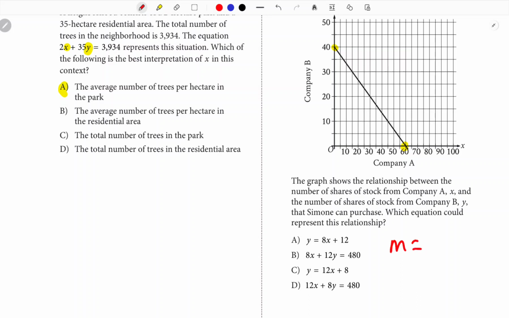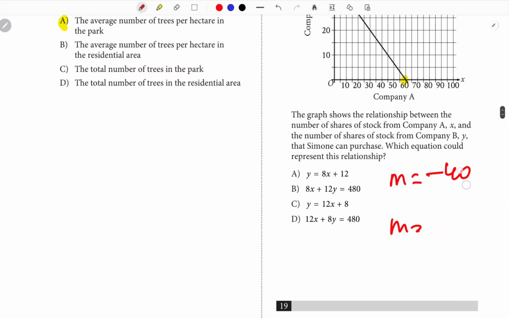The slope is negative 4 divided by 6. Why negative? Because it looks like this, going from 2 to 4. And here m is equal to negative 2 over 3.